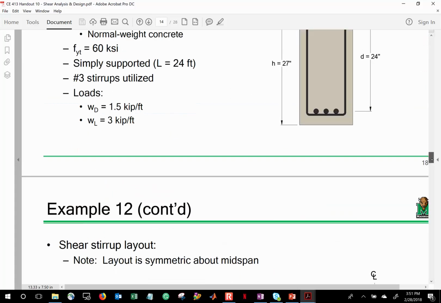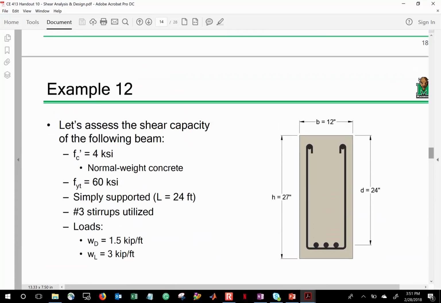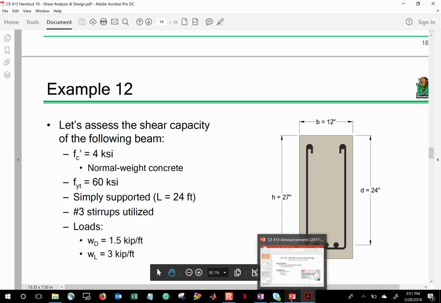So here's our beam. And if you recall, we have a beam that's subjected to a dead load of 1.5 kips per foot and a live load of 3 kips per foot. Now, for the purposes of this example, we'll go ahead and assume that the live load is already reduced.